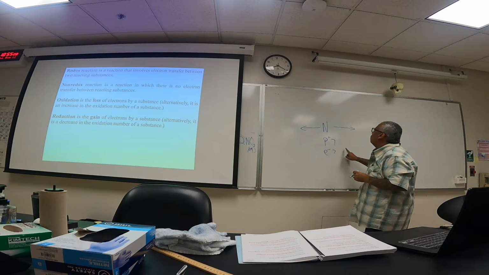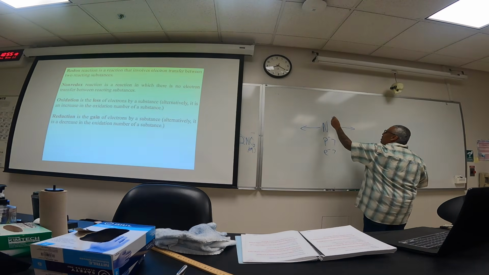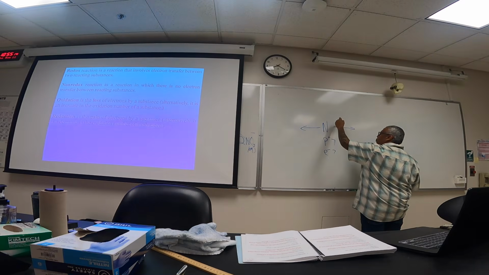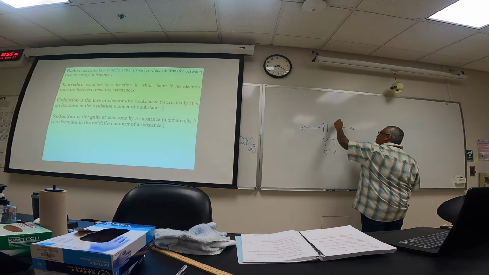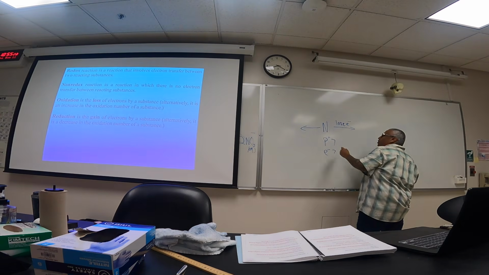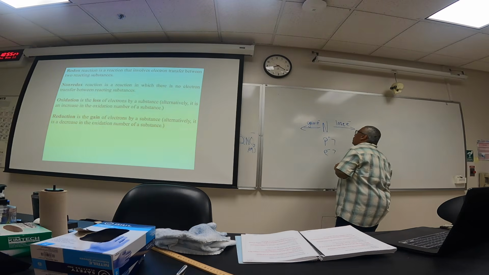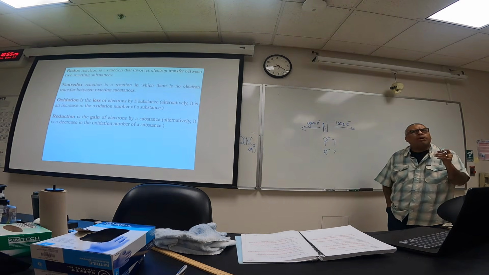Now, here, if nitrogen were to transfer, let's see, it's going to lose electrons, and over here we're going to put gain electrons, right? We gain electrons. I might have misspoke.